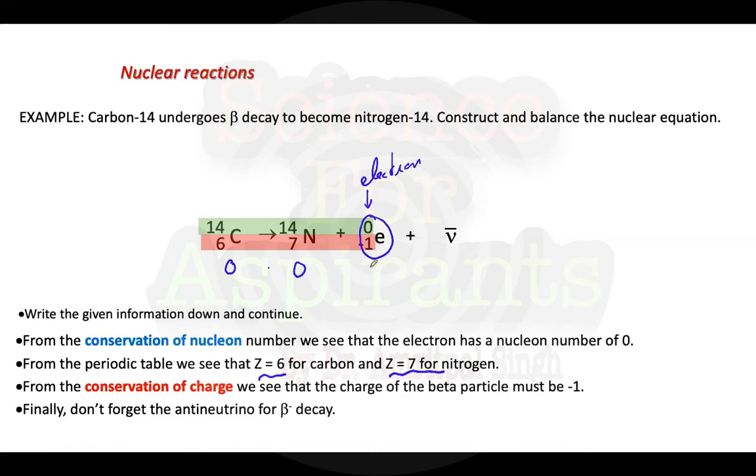This electron has a half-integral spin. So if you look at this reaction without the anti-neutrino, it is not following the conservation laws. That's why Enrico Fermi gave the idea that there is a formation of another particle.